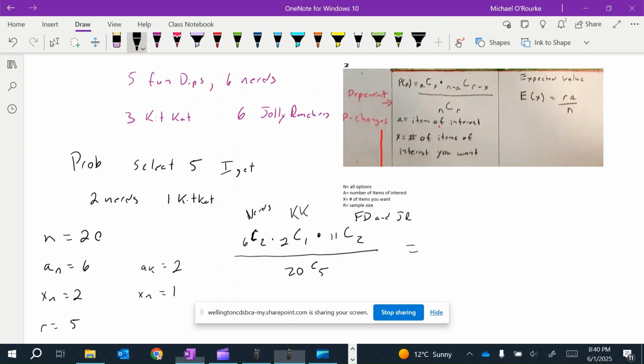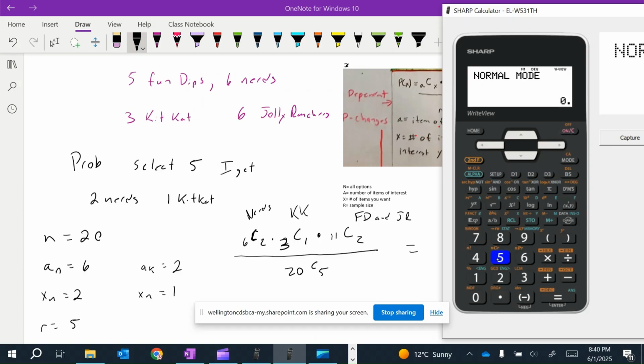Oh, I made another error. That should be 3. Shoot. Okay, last time's a charm. 6C2 times 3C1 times 11C2 divided by 20C5. There we go. So we have a 16% chance of that happening.